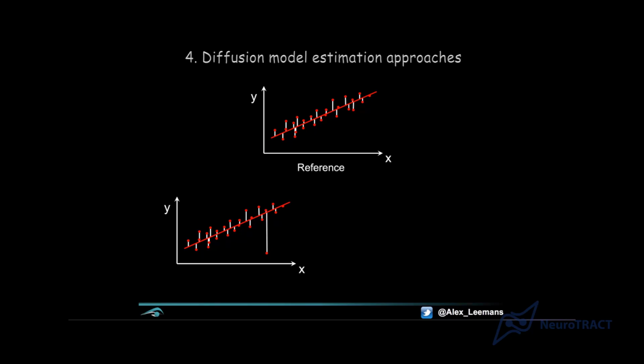Because of the outlier now, if you use an ordinary linear least squares estimation, and this is one of the many approaches to estimate something, there's weighted linear least squares, there's nonlinear least squares, there's conditional least squares, there's many estimation approaches. I mean, this is more related to statistics than anything else. But in this case, if you were to naively use an ordinary linear least squares estimation on this set of points, it will be biased towards the outlier.